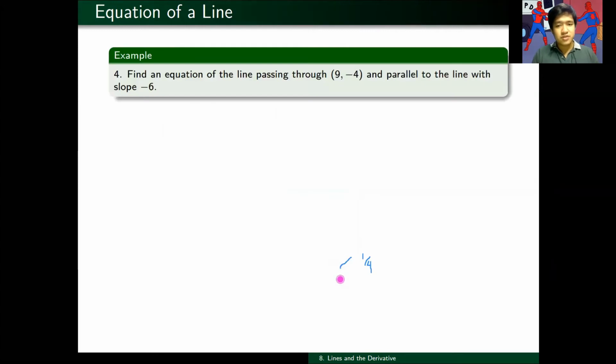Now, let's answer this item. No? We are asked to find an equation of the line passing through 9, negative 4 and parallel to the line with slope negative 6.